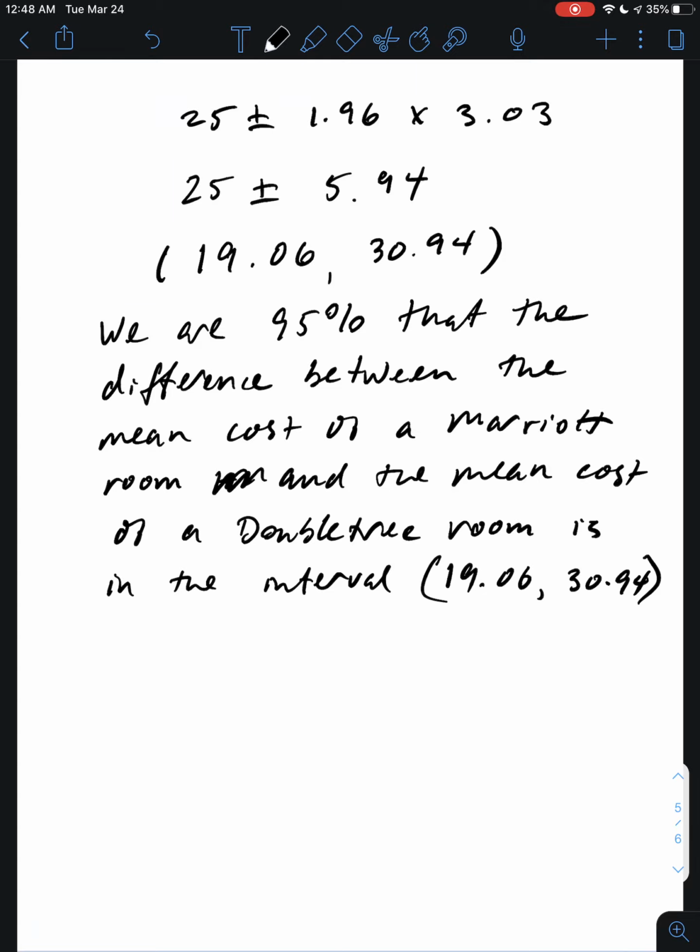We can say we're 95% confident that a Marriott room costs $20 to $30 more than a DoubleTree room.